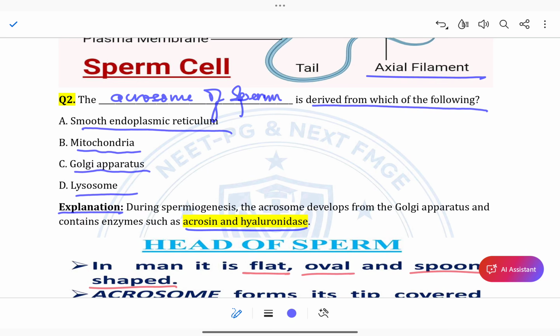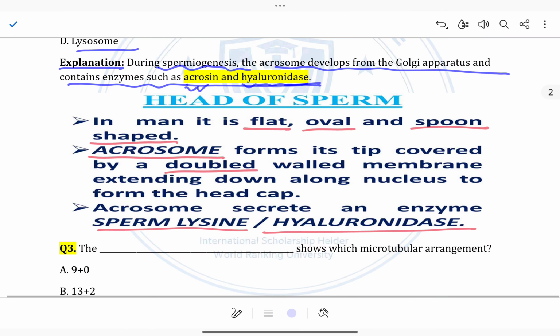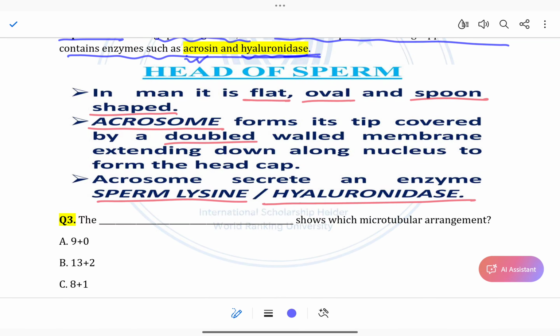Explanation: during spermiogenesis, the acrosome develops from the Golgi apparatus and contains enzymes such as acrosin and hyaluronidase. These are the two enzymes, acrosin and hyaluronidase. Come to some important points.